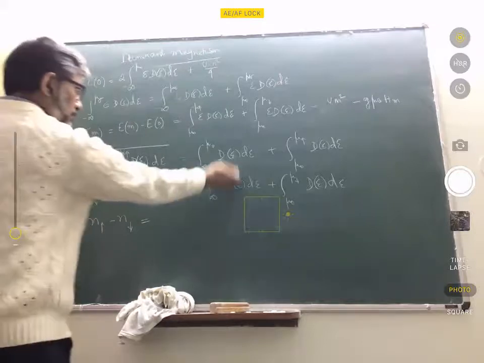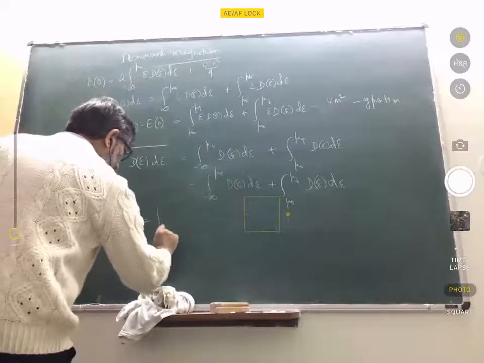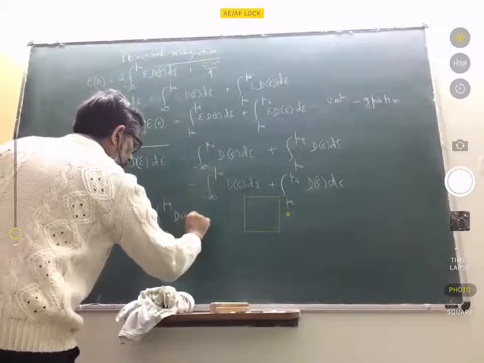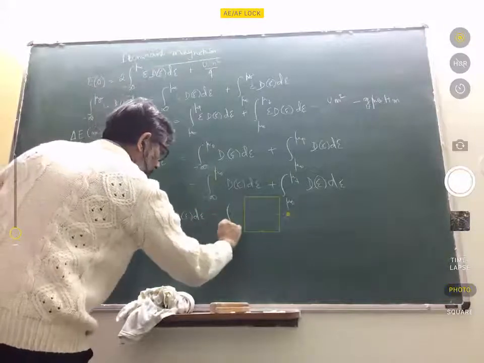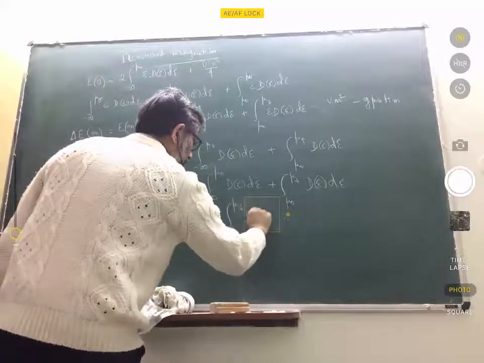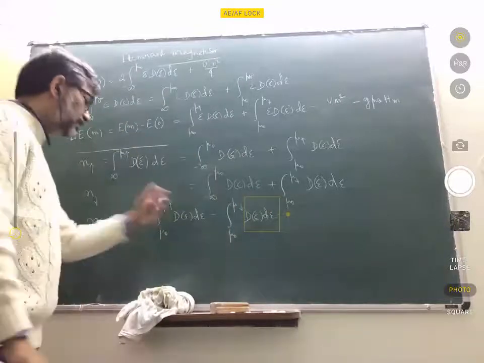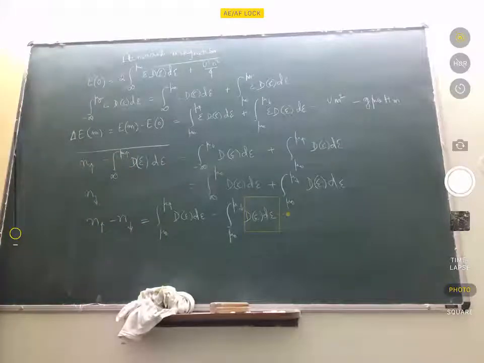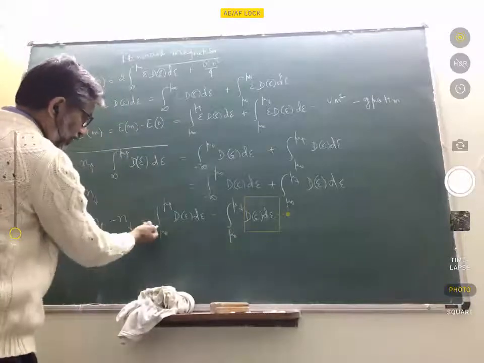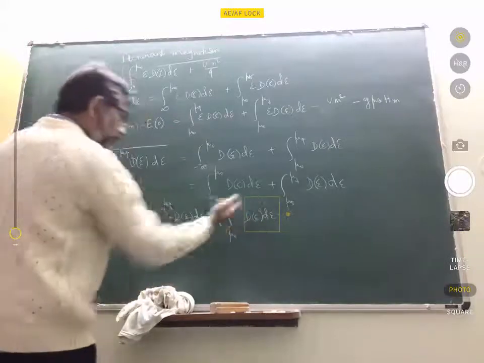So you subtract, so these parts cancel out, and you have, and now in these integrals, I replace D epsilon by D epsilon F. So I pull that out, and when I pull D epsilon out, it just becomes integral d epsilon from mu naught to mu up, and similarly mu naught to mu down.